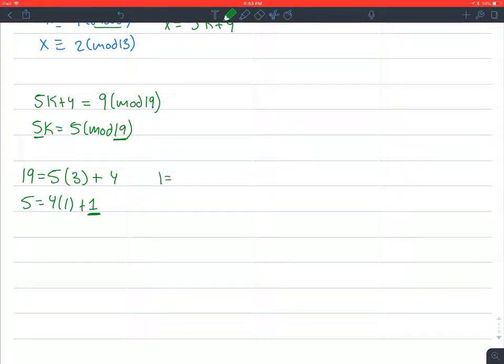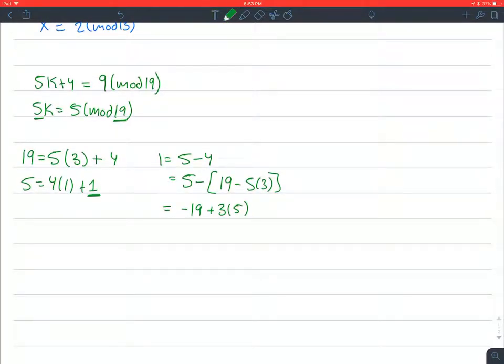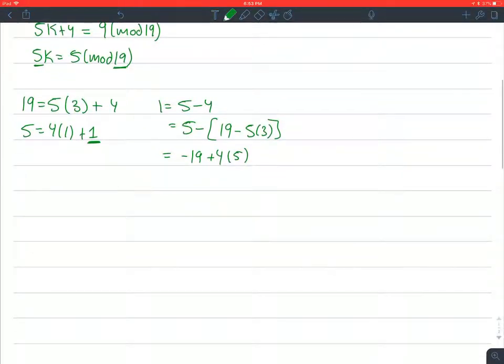Now you go backwards: 1 equals 5 minus 4. That's going to give you 5 minus (19 minus 5 times 3). So now you have negative 19 plus 4 times 5, not 3, 4 times 5.